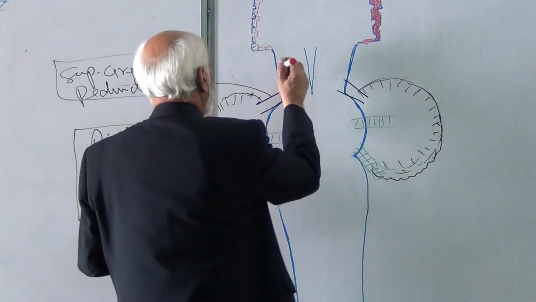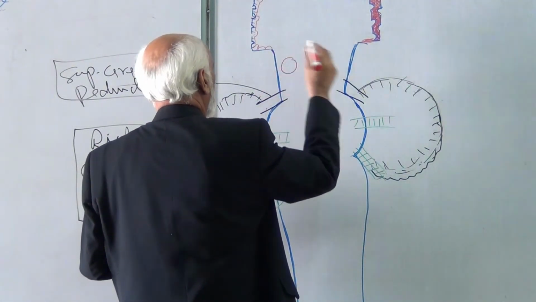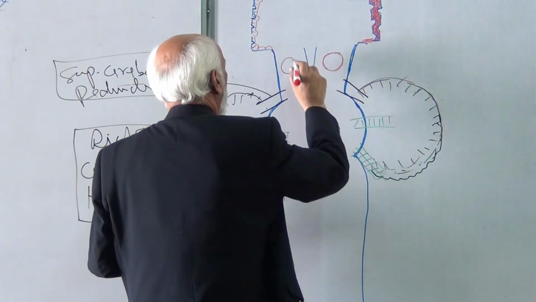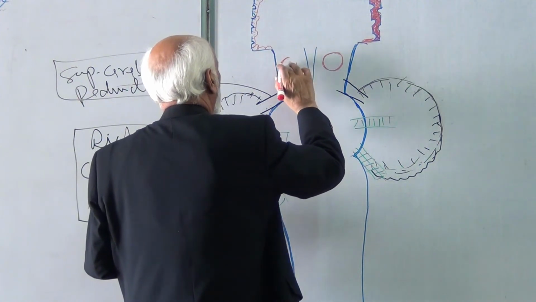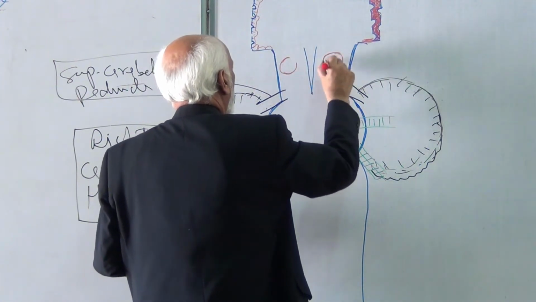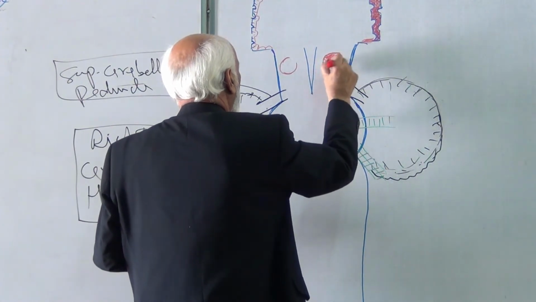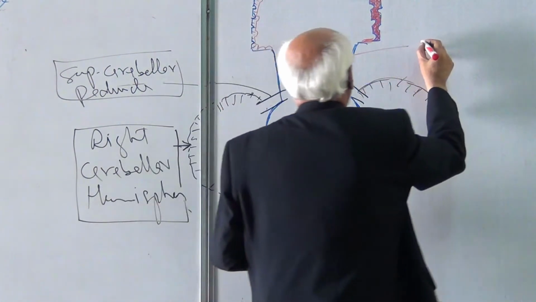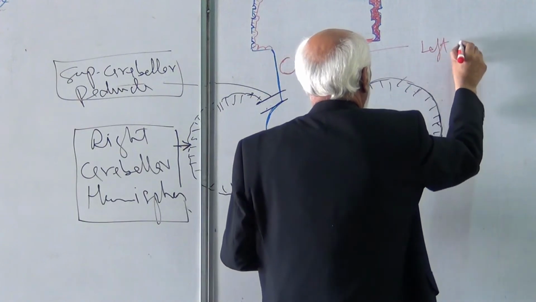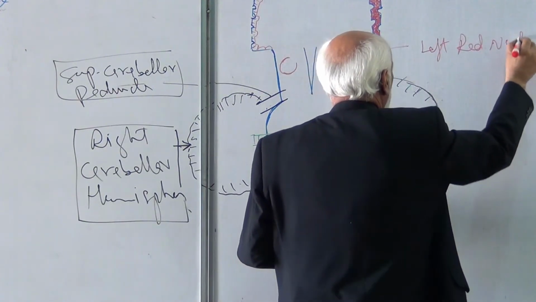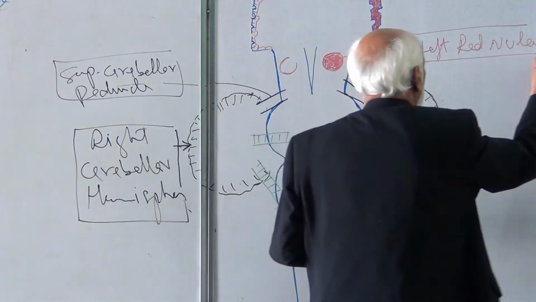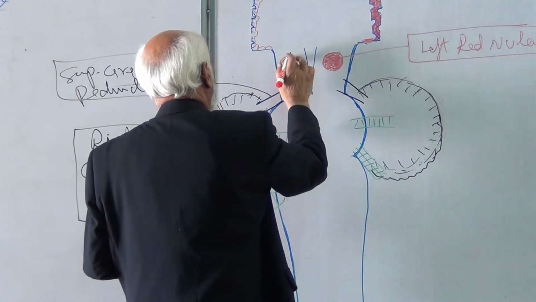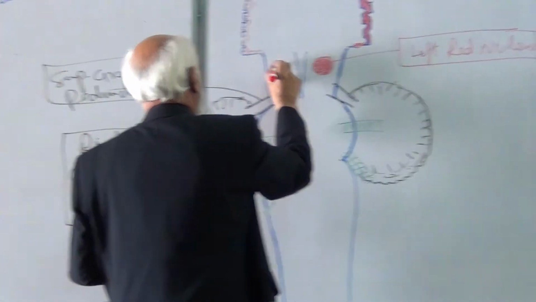Then in the midbrain is the red nucleus. This is the left red nucleus, and on the right side is the right red nucleus.